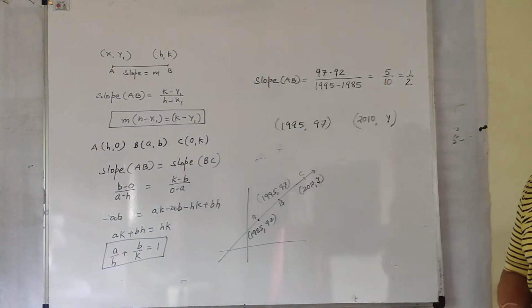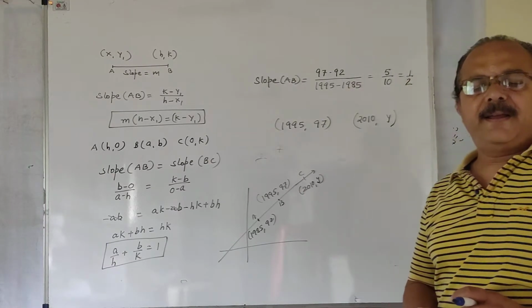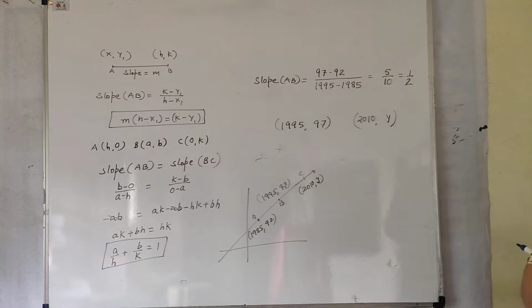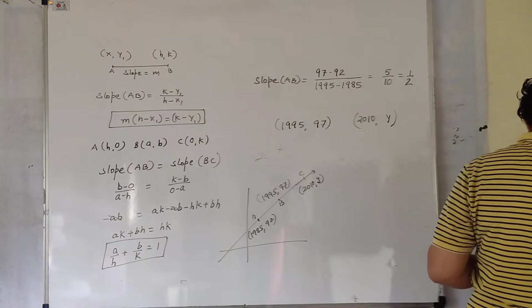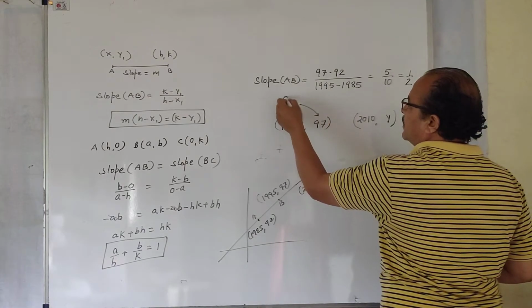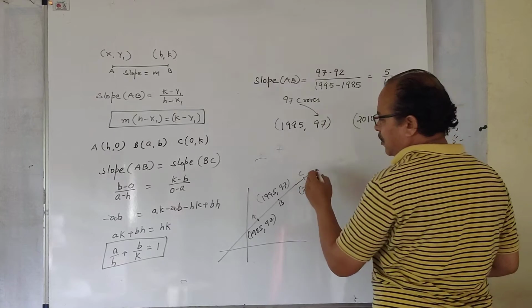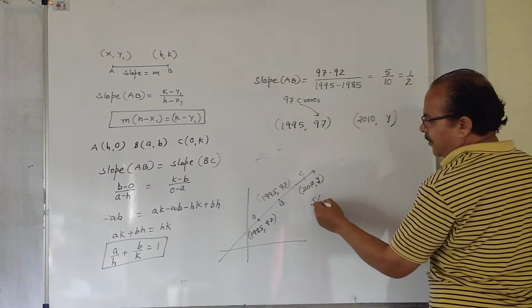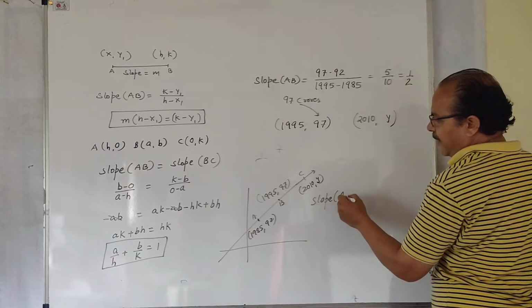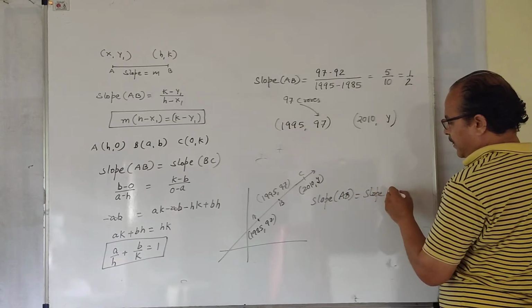So slope of AB will be equal to slope of BC. Again the same concept we are using here to get the value of y, the population in crores. These are the population 97. This is 97 crore. Okay. So again the same thing. Slope of AB is equals to slope of BC.